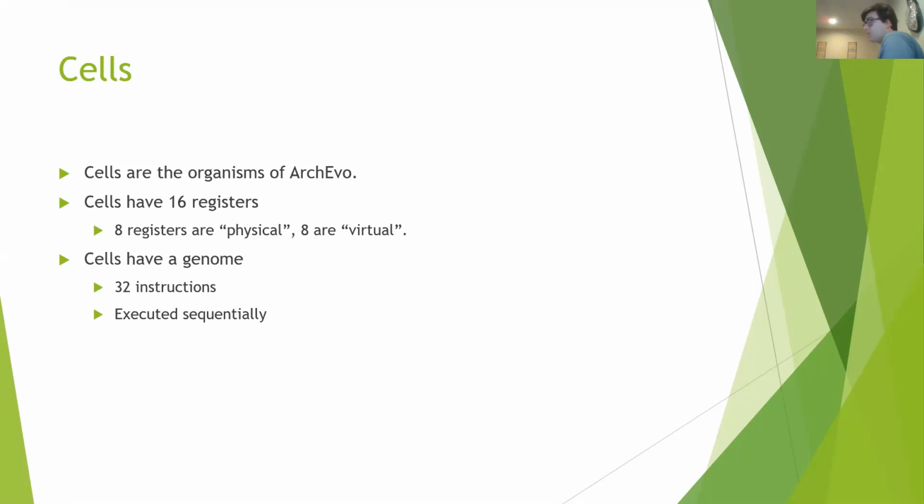So it's like a computer program, except that once it reaches the end, it loops right back around to the start, which I think is a little bit closer to how genes work in the real world, but that's up for debate. I just like it better that way because it's easier to understand what's going on.